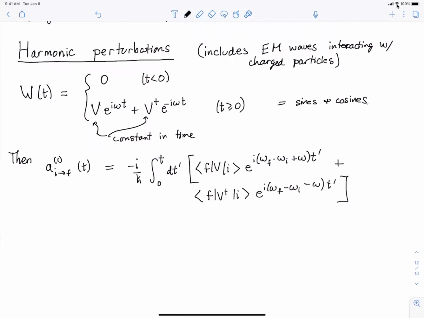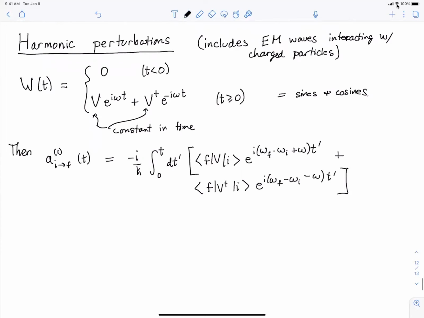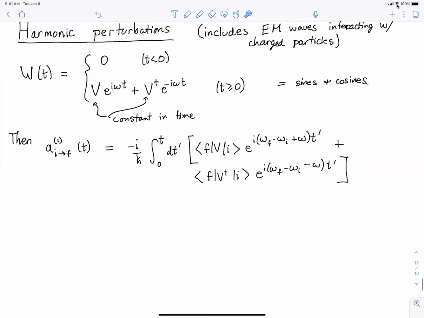Okay, so the exponentials of t prime, the first part of each of those just came from our general formula for the transition amplitude. And then the omega part is coming from the perturbation that we're putting in. But the nice thing about it is because they're both e to the i t primes, we get combinations of those different angular frequencies. So when we do the integral, we've actually already really done the integral. Okay, this is going to be 1 over h bar V_FI, that's what I'm calling the matrix element, right?